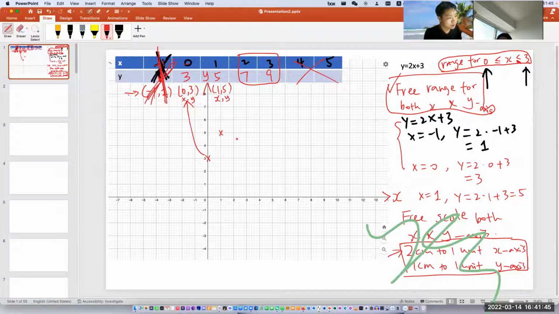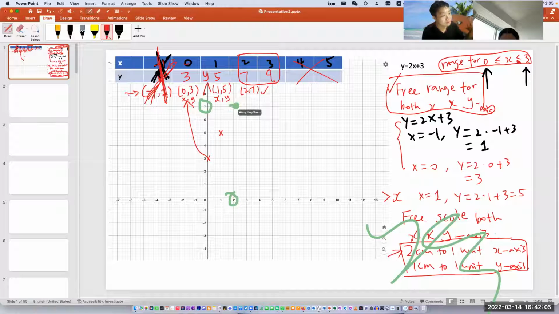So that's how you plot the points. Are you clear? So can you help me where is your 2 and 7 on the graph? Can you help me with the 2, 7?